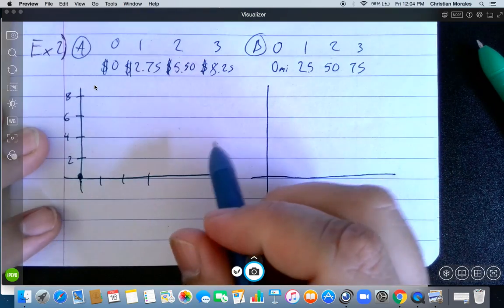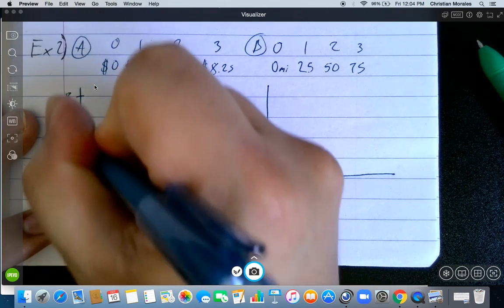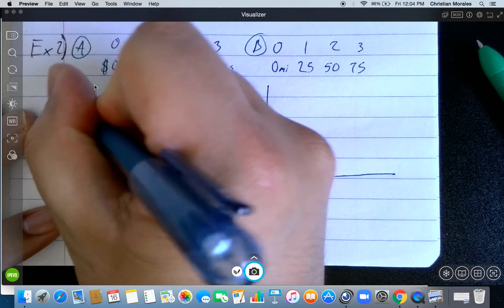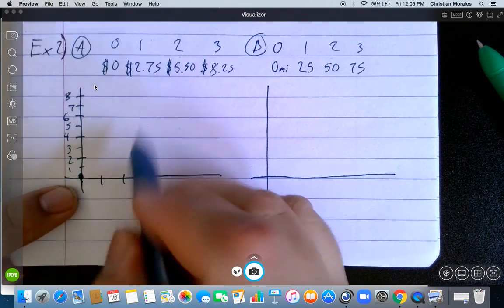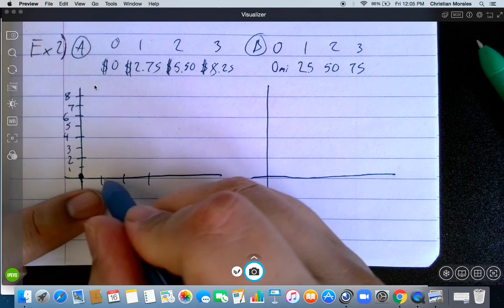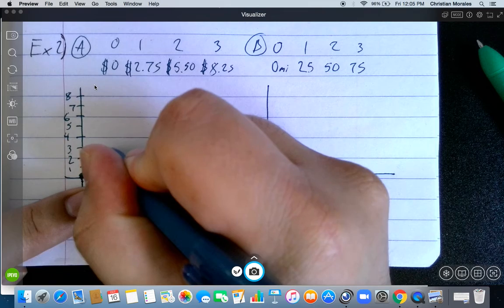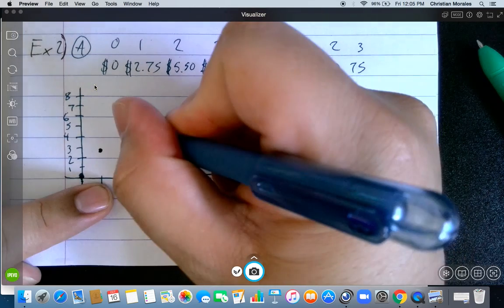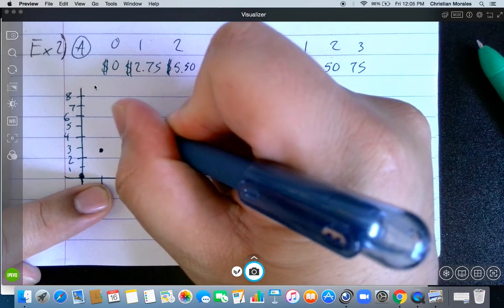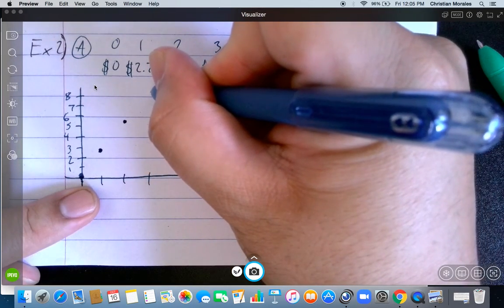So then in between is 1, 3, 5, and 7. Okay? All right, so if you're going to go bowl 0 games, you're going to pay $0. If I'm going to go bowl 1 game, I'm going to pay $2.75, which will be somewhere around here. If I'm going to go bowl 2 games, that'd be $5.50. That'd be somewhere around here. And then if I'm going to go bowl 3 games, $8.25, which would be somewhere around here.